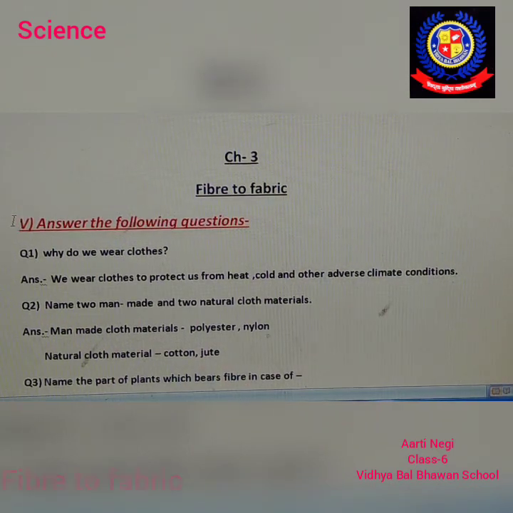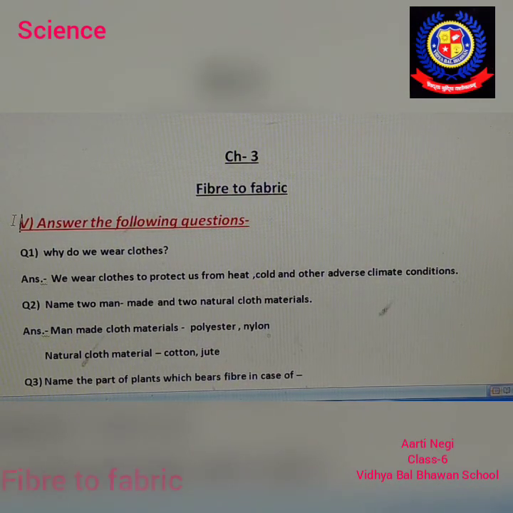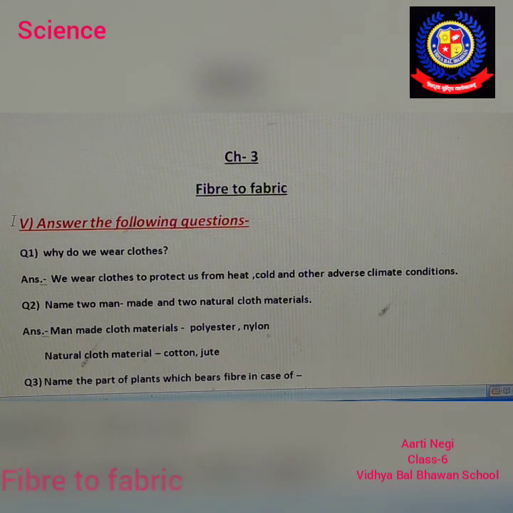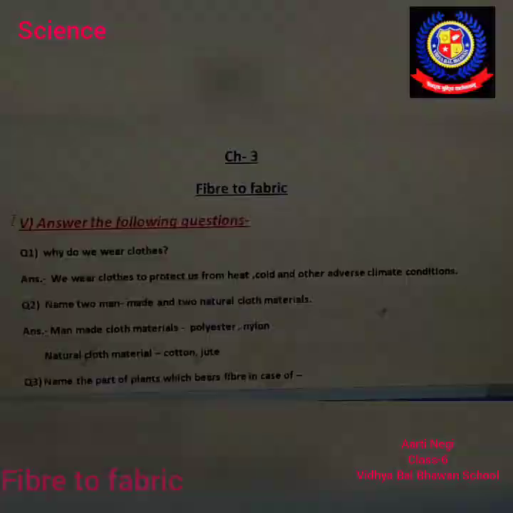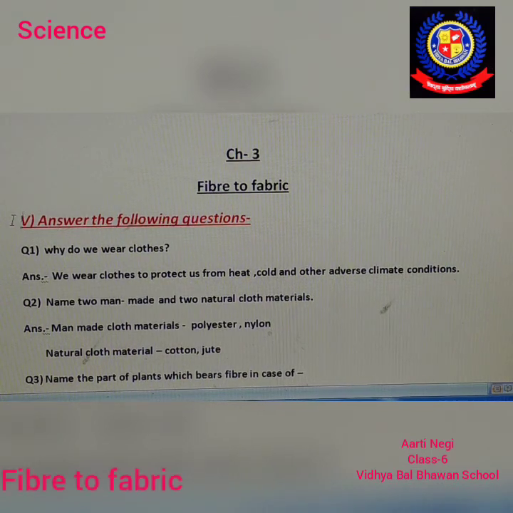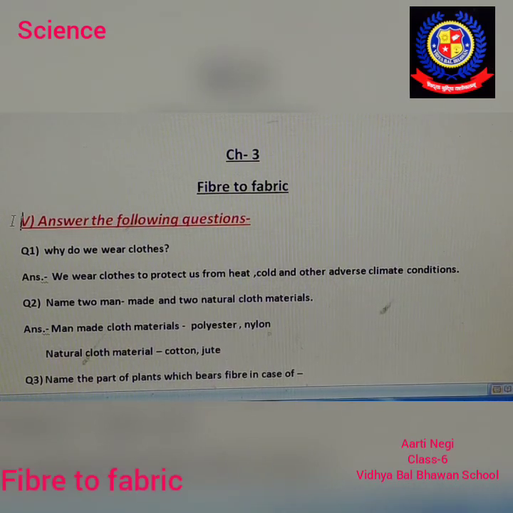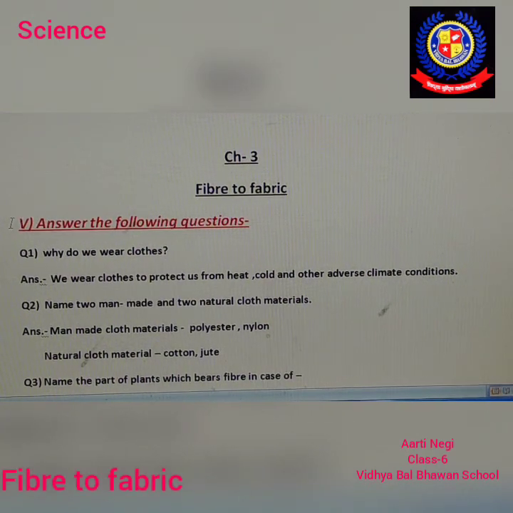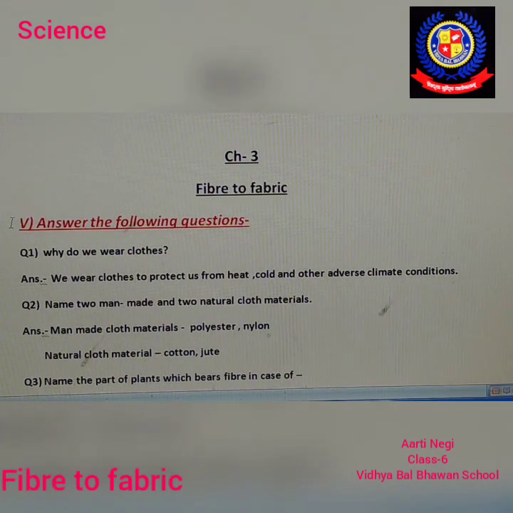The name of the chapter is Fiber to Fabric from your science book. Let's start with the very first question from section 5, answer the following questions. So question number 1 here is, why do we wear clothes?